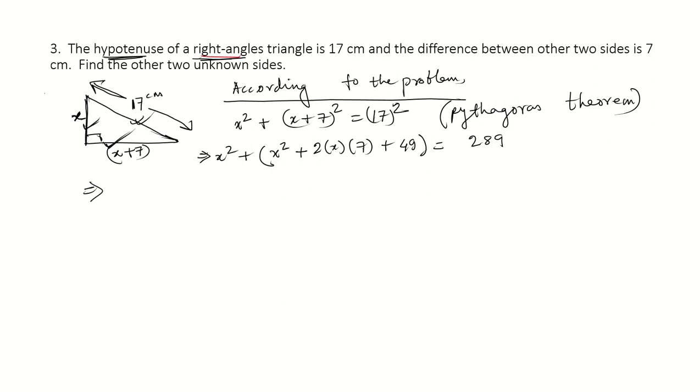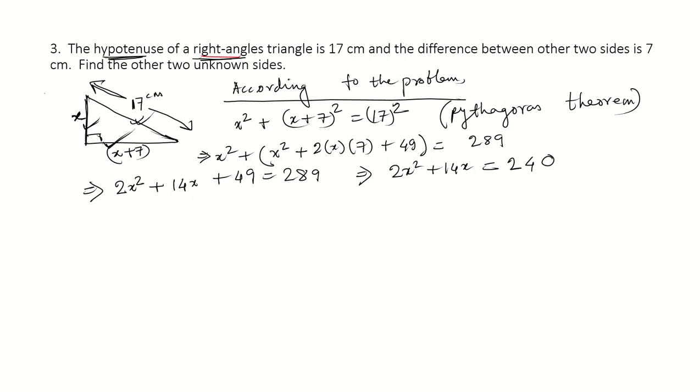So if we expand it entirely, we get 2x square plus 14x plus 49 equals 289. So from here we get 2x squared plus 14x, and if we take 289 to the other side, we get a 0 on the right side, a 4 and a 2.